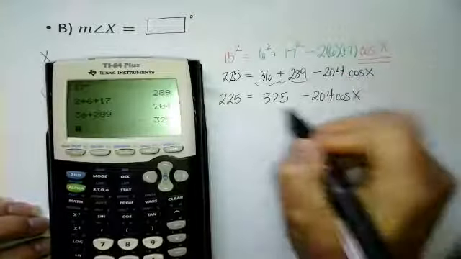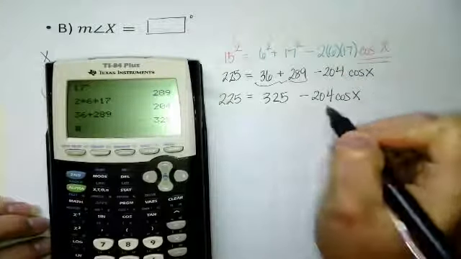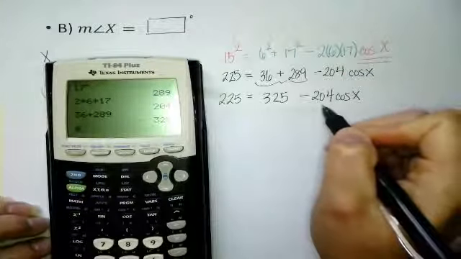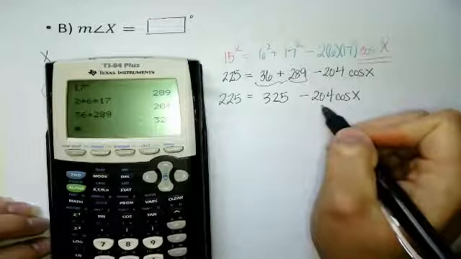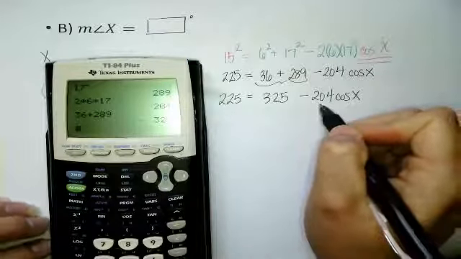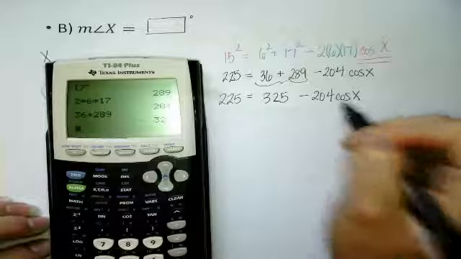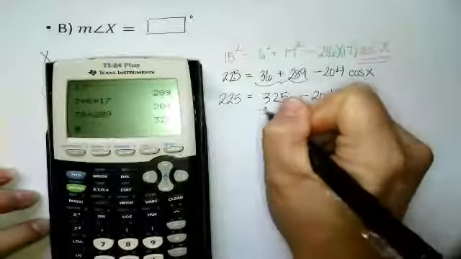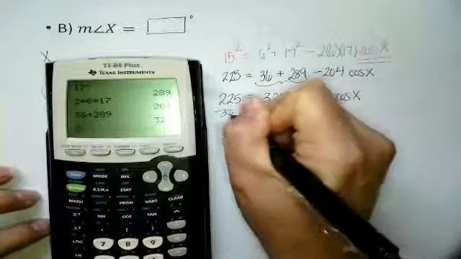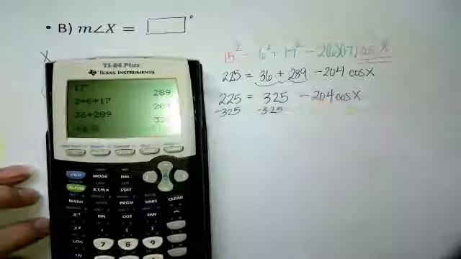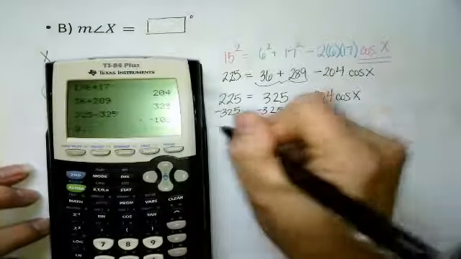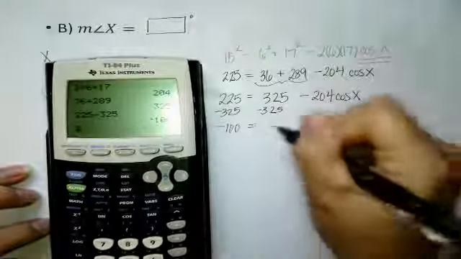Now, the common mistake here is students like to do 325 minus 204. Can you do that? No, you cannot. This has an x, a variable attached. They're not like terms. So I'm going to go ahead and subtract the 325. 225 minus 325 is negative 100.